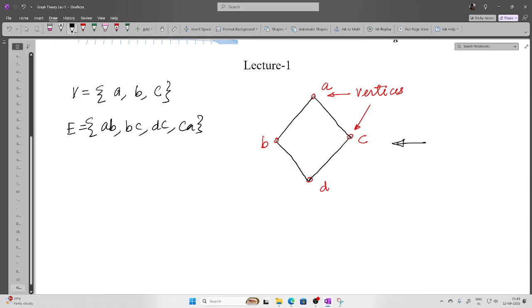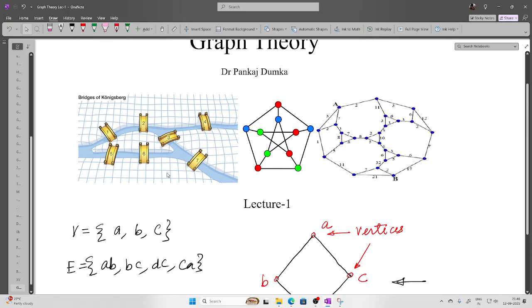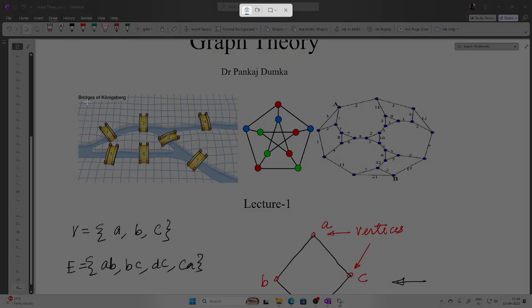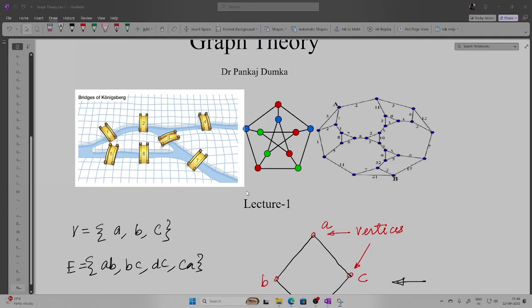Okay. So now the question comes: how has all this started? It started with the Königsberg bridge problem.